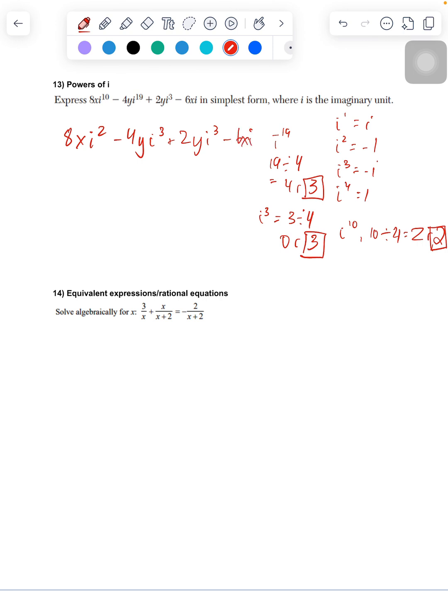All right. So now that I'm done with this, I'm going to use this part to solve, right? What is i squared? i squared is -1, so I'm going to have 8x times -1 minus 4y. What's i to the 3rd? i to the 3rd is -i.